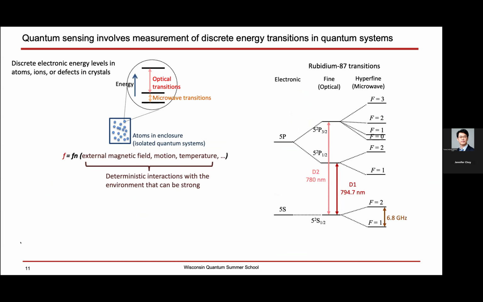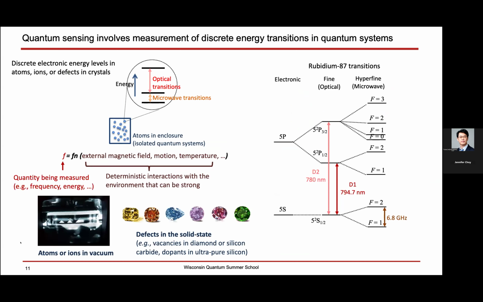Okay, so now let's actually talk about physical systems. I talked about atoms as one of them, and we'll spend the next 20 minutes or so on talking about sensors that can be built using atoms. What you're seeing here in this lower picture is a vacuum cell. This square thing is basically a vacuum cell.